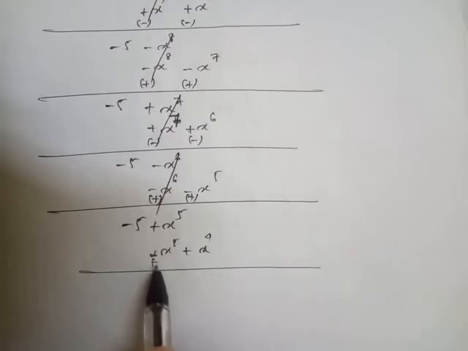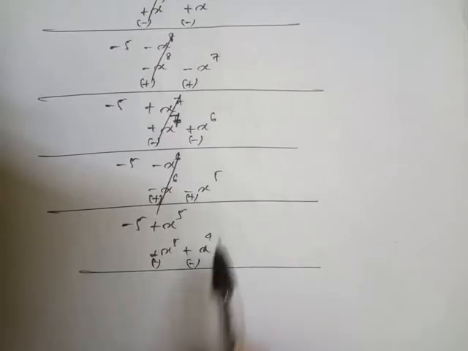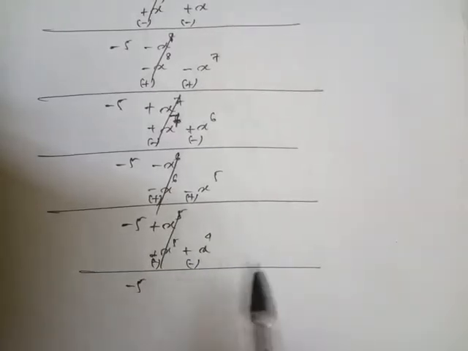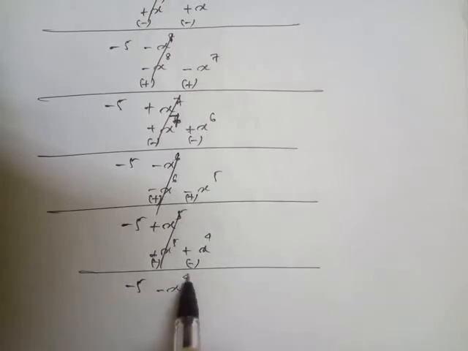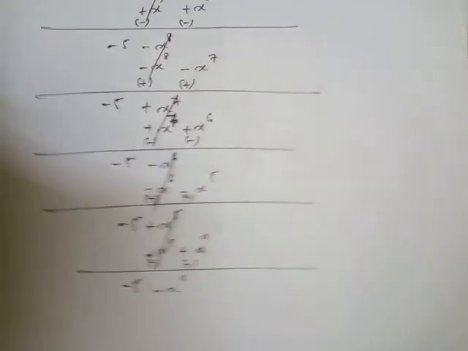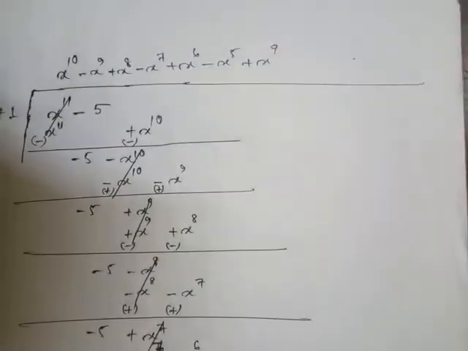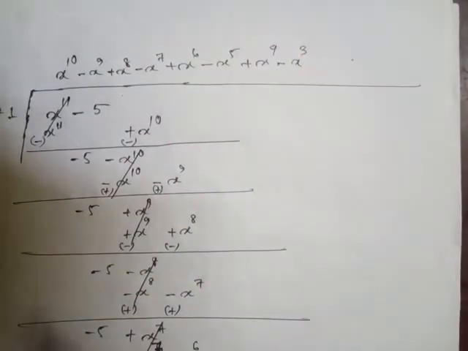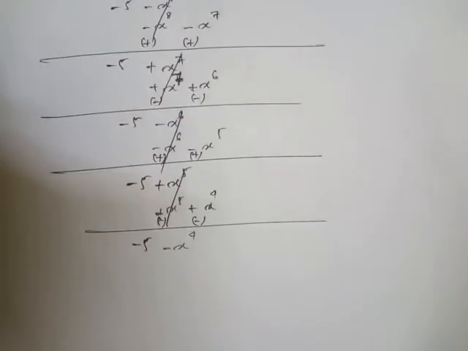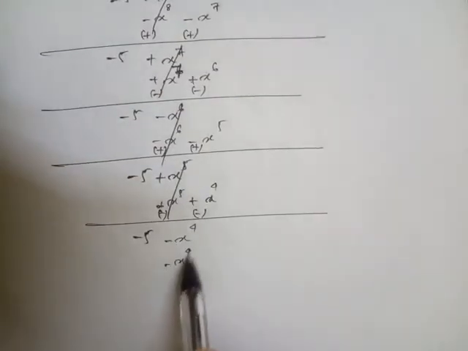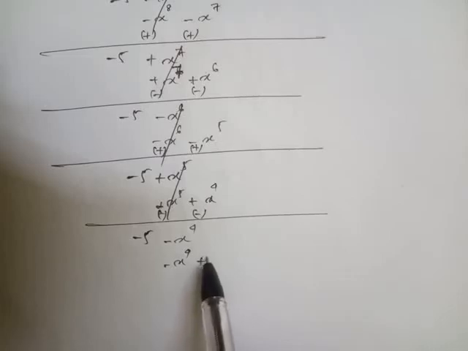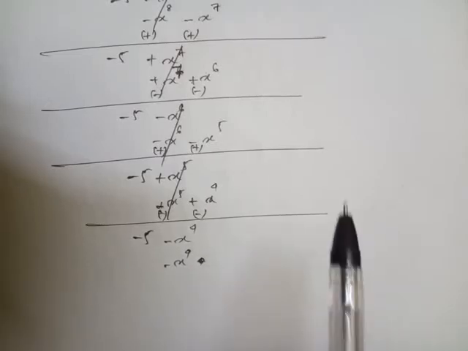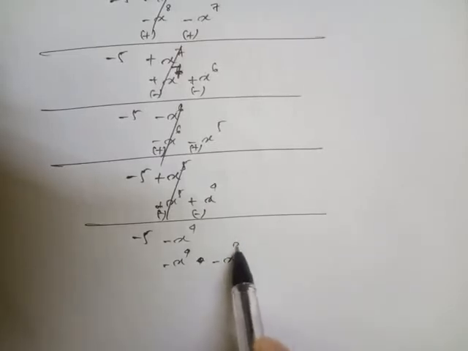Now this becomes minus, this also becomes minus, cancel this one, minus 5 and minus x to the power 4. Now next one would be, if there is minus x to the power 4, here we'll write minus x cube, and there is x only, so minus x to the power 4, and if I multiply this value with minus 1, it becomes minus x cube.